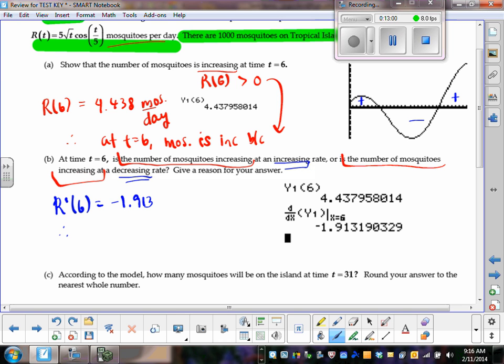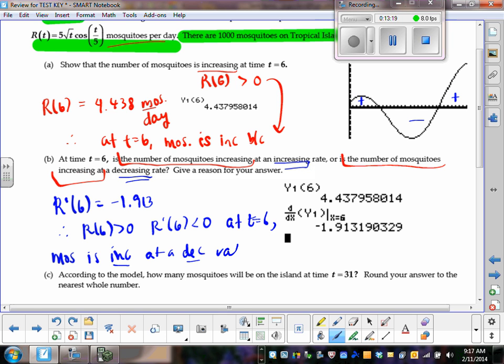Therefore, since r of 6 is greater than 0 but r prime of 6 is less than 0, at t equals 6 the mosquitoes are increasing at a decreasing rate. So we have a positive rate, but the rate itself is decreasing.